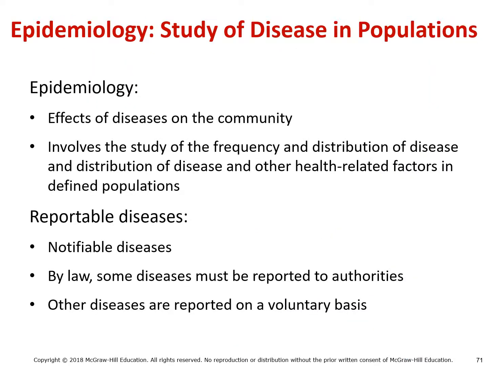Epidemiology is an important topic of microbiology, because epidemiology looks at the effects of disease not just on individual patients, but on the large scale of the community. In order to do this, we need to know how much disease is out there. So there are reportable diseases. These things we call notifiable diseases must by law be presented to the individuals that need the data to make determinations.